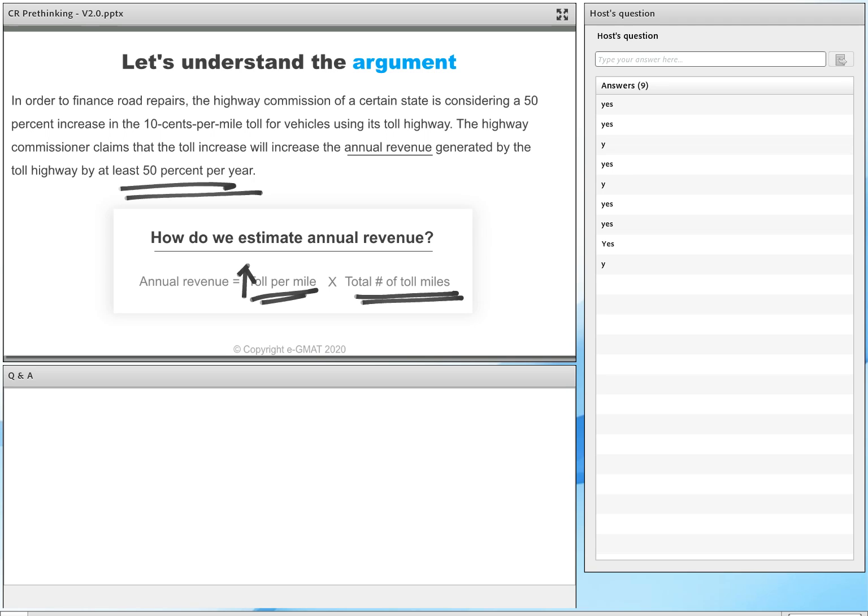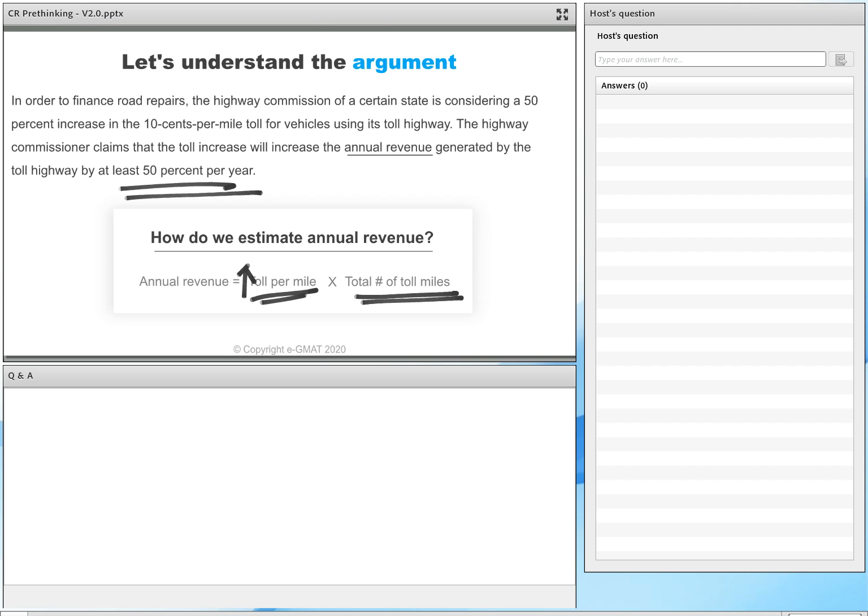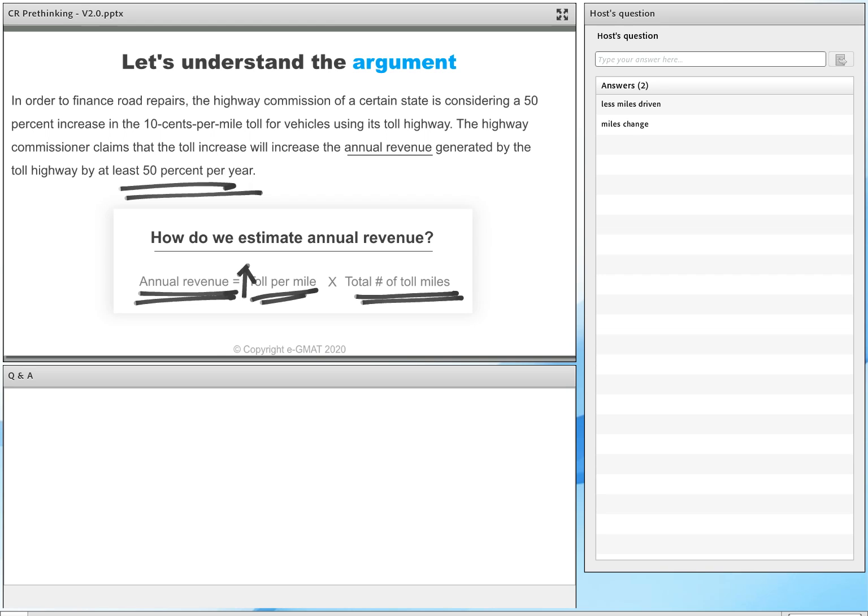So in what scenario can my conclusion break down? In what scenario will the annual revenue not go up by 50%? If there are fewer miles driven, right? If there's a decrease in the total number of miles driven.